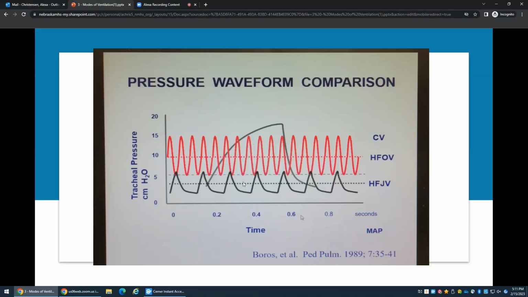Here is the jet breath, and as you can see, using much less pressure. So this is the goal: less pressure. We want to give enough pressure to keep the baby ventilated and oxygenated, but we don't need so much pressure that we're going to cause lung injury.